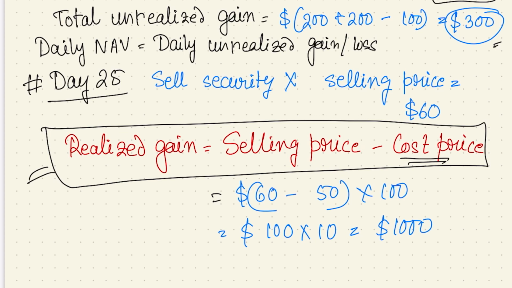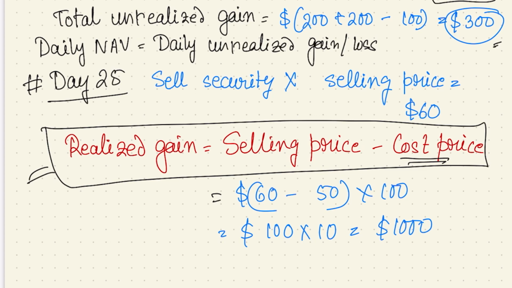This is a very important concept to understand when you are working in fund accounting. If anyone asks you what the realized gain and loss is and what the unrealized gain and loss is, it will be easier for you to answer. But it also depends on your NAV's frequency. If your fund's NAV is daily, then only this will apply.